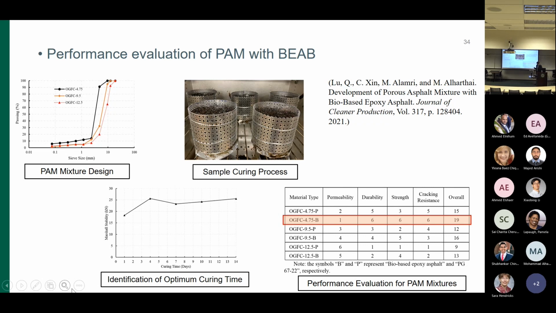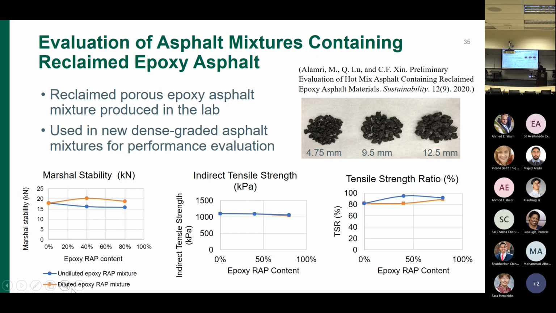We also included different aggregate gradations, and found the best combination from the aggregate gradation and the formula, with a nominal maximum aggregate size of 4 millimeters, with the bio-based epoxy asphalt, and the results are published in that paper. But there's still room for improvement, and some additional work needs to be done to further improve the performance of that formula.